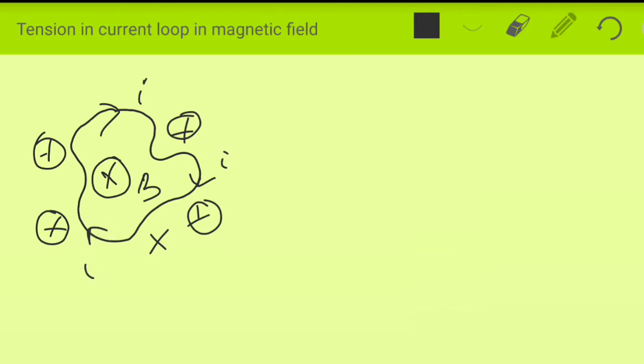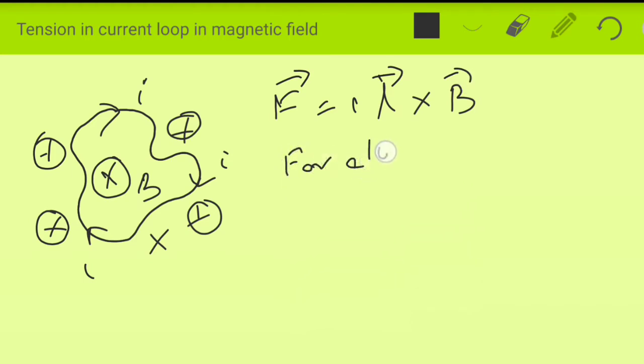Now see, if we have to calculate the net force on this loop, we know that the force on a current carrying conductor is given by F is equal to I L cross B. Now for a closed loop, what will be the value of vector L?